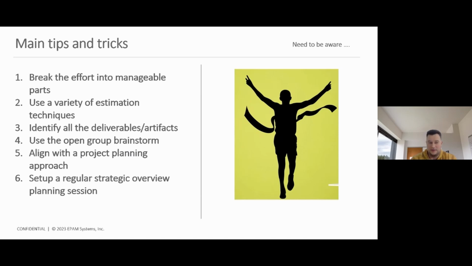Use the open group brainstorm. Why we talked about it. Align with the project planning approach. Set up a regular strategic overview planning session. For sure. About the last point, guys, a lot of us forget about it because we have too much operational work.